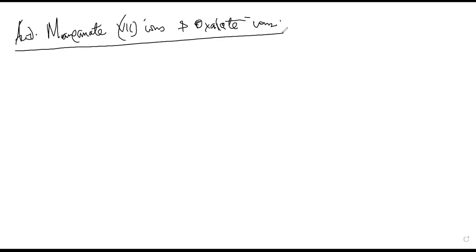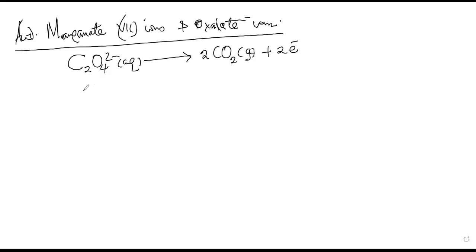It's a matter of knowing how to write the half equation. Is that okay? So for oxalate, we say that we form CO2, and this one, the manganate, we add 8 hydrogens.